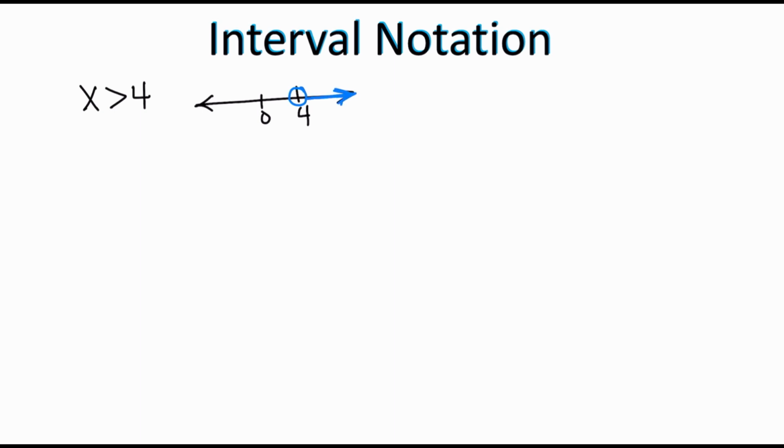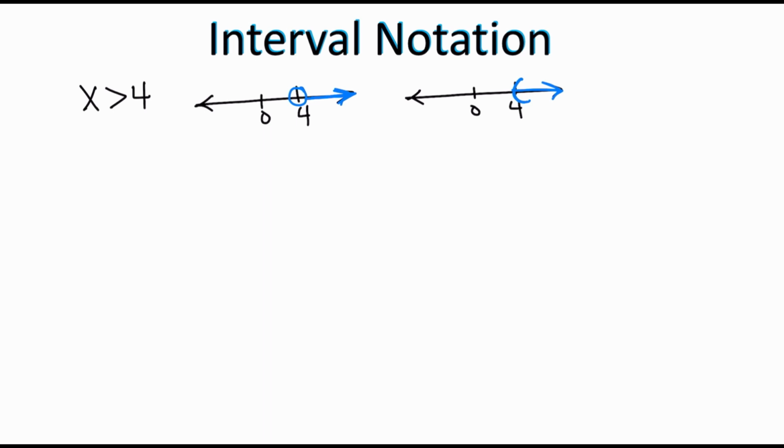Interval notation is a little bit different. The word notation just means how we write things in mathematics. So instead of graphing this with an open circle, instead we are going to be using either parentheses or brackets. Because this is greater than, we are going to use parentheses and we're going to still shade to the right because we want all the numbers that are greater than 4.